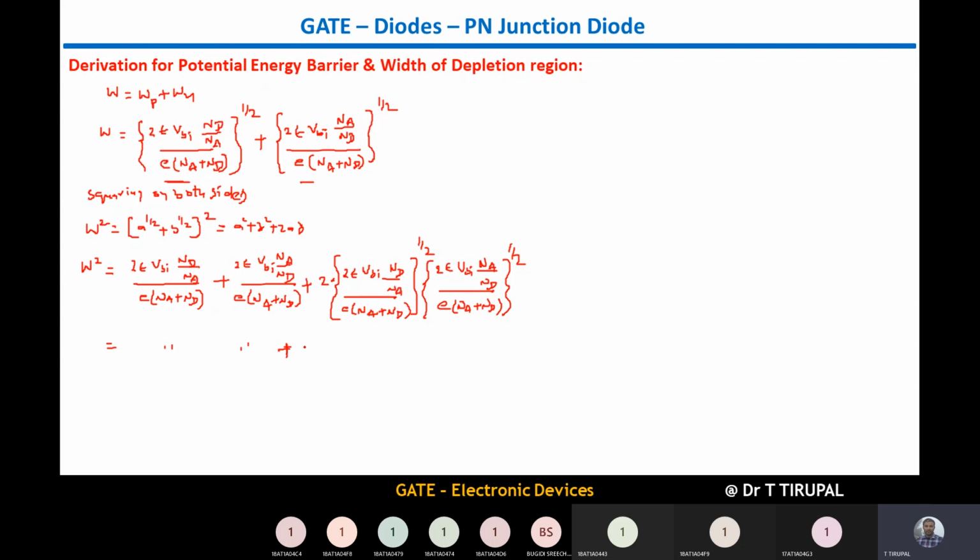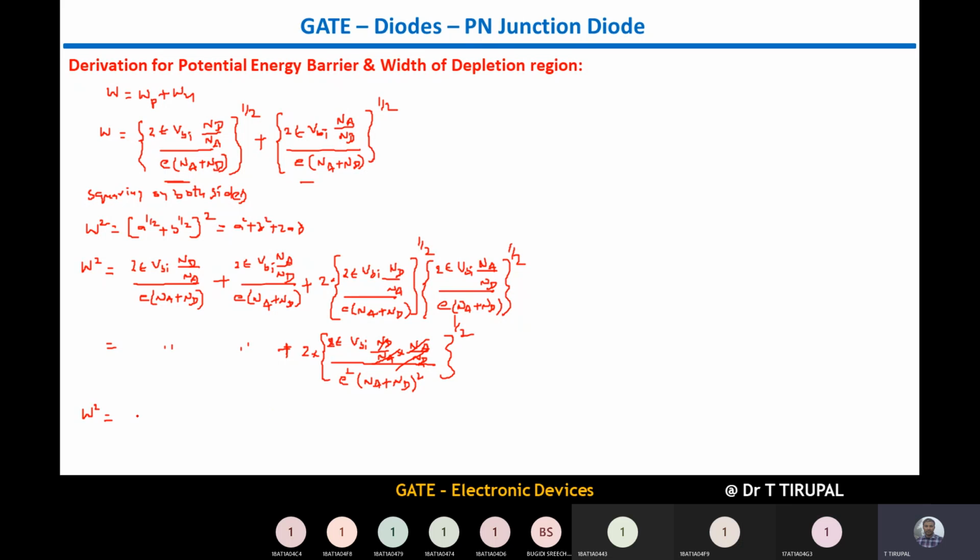What answer do I get here? 2 multiplied by 2 epsilon VBI ND by NA into NA divided by ND, whole divided by E square into NA plus ND square, whole power 1 by 2. What happens? NA and ND get cancelled. So what remains? The same thing here.